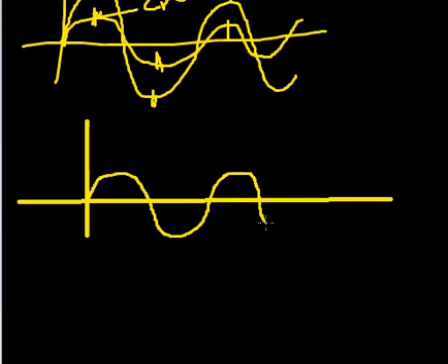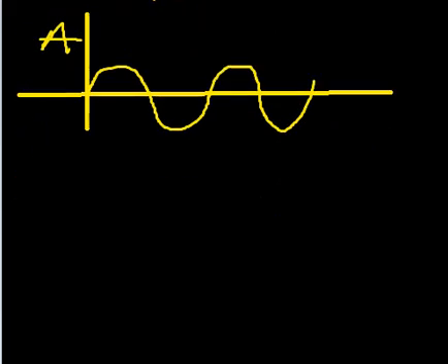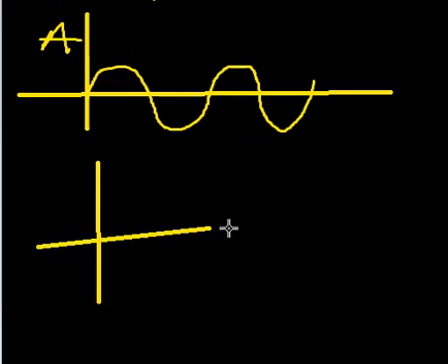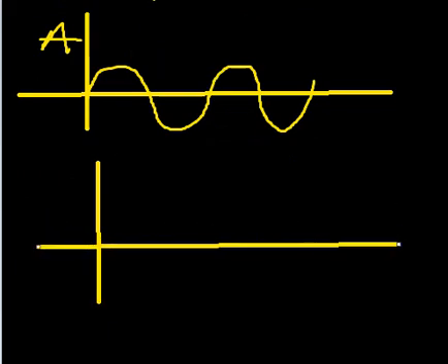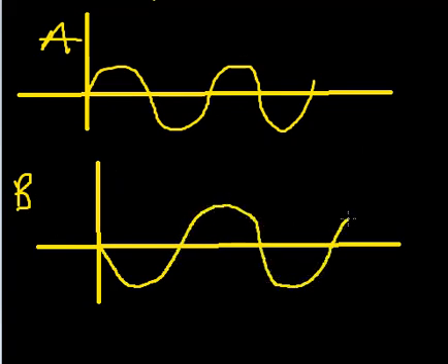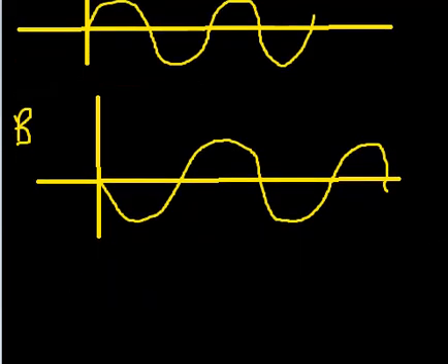Let's say have something like this with A, coming to interfere with B, and B is negative, the same frequency, but out of phase. If these two interfere, the result you get is this.